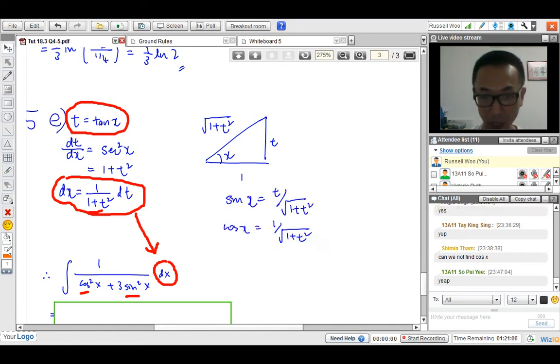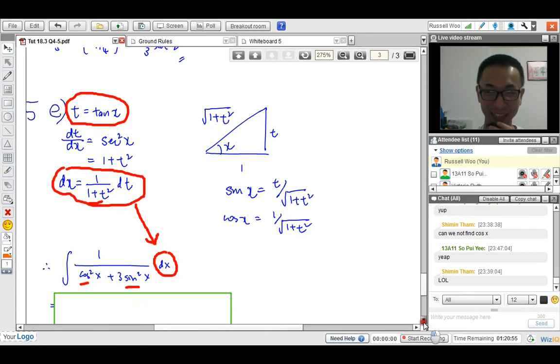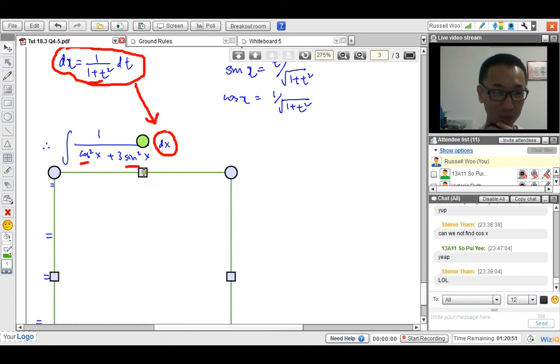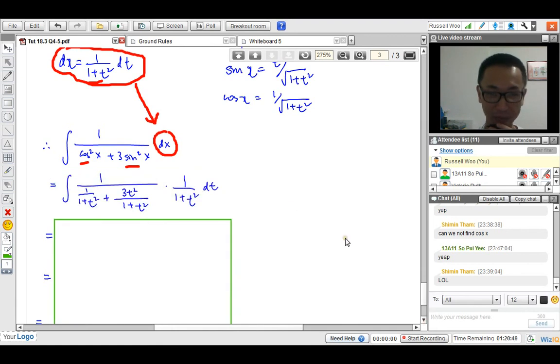But I did, lah. I'm not so clever. Okay. Can? Yes. So we do this substitution like that. Anyway, not much difference in the work.